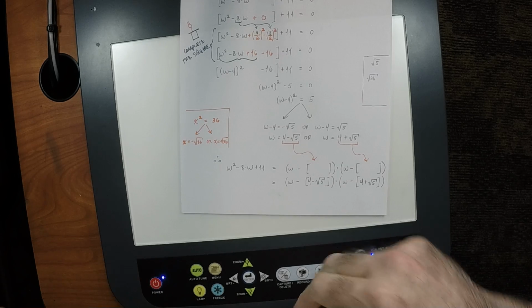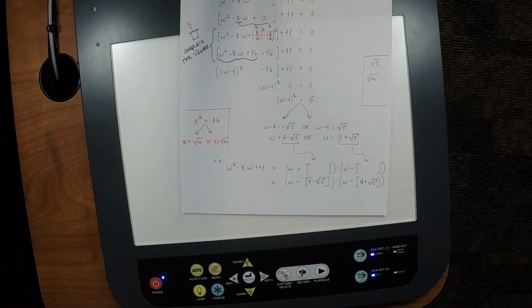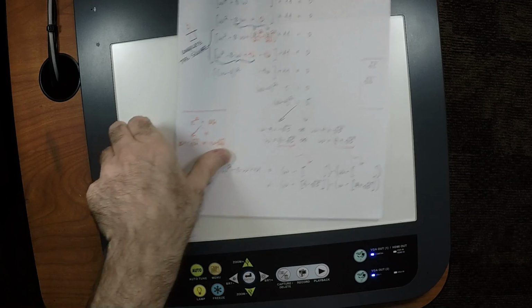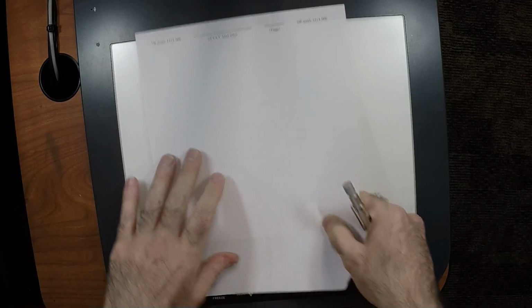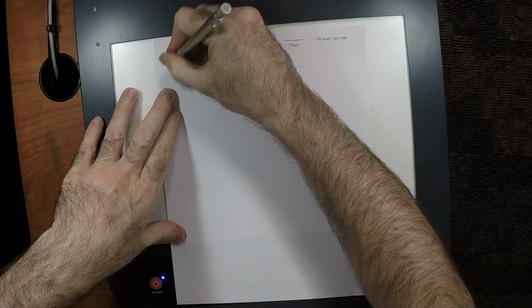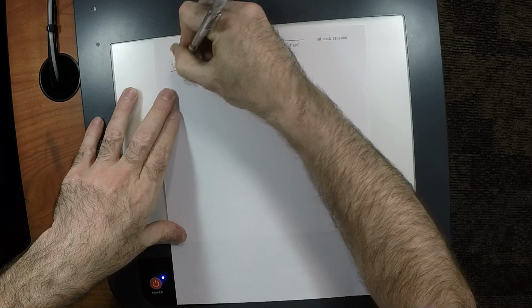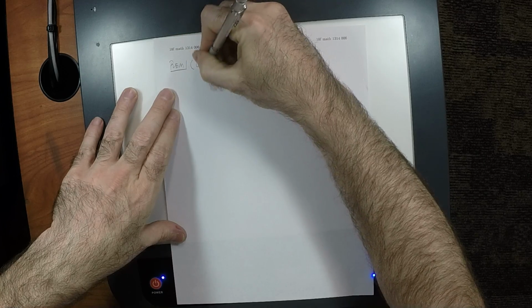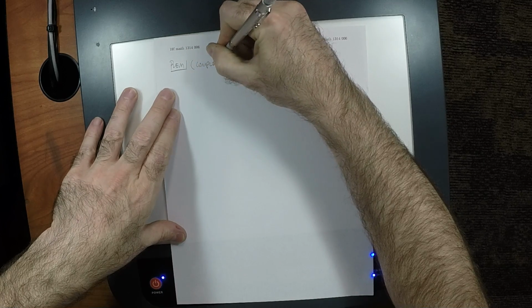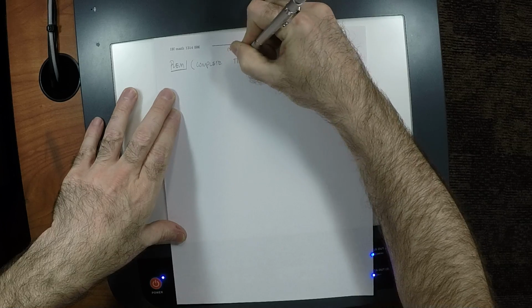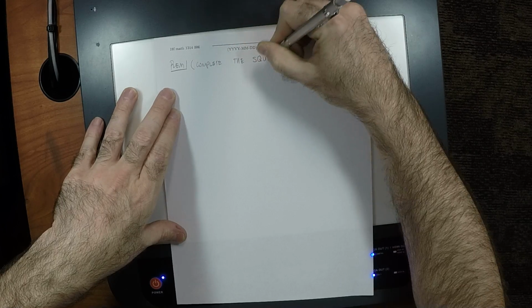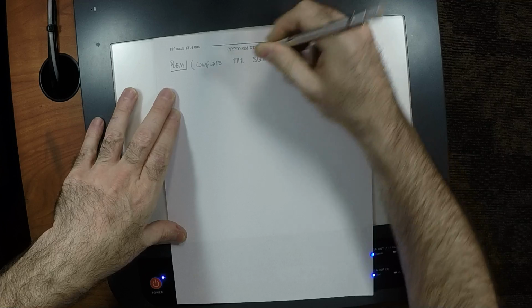All right. Generally, the procedure for carrying this out goes as follows. That procedure is called completing the square, and now I'm going to explain what that means.